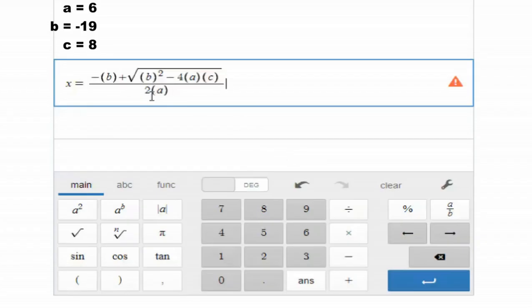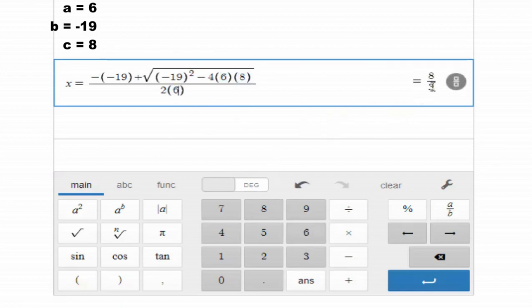Okay? Now, dito sa ating calculator, kailangan ko lang palitan dyan yung B. So yung B natin is negative 19. Ganun din si A dito. Ito yung formula na ginamit natin. A is 6, C is 8, and yung A natin is 6.